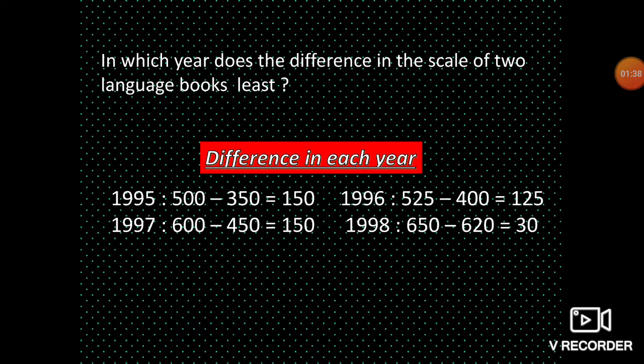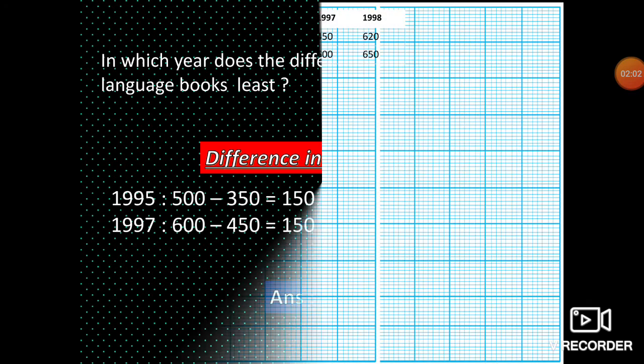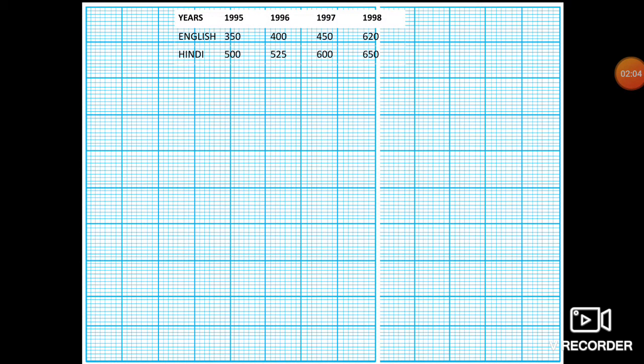English and Hindi books. 1995, 500 minus 350, that is 150 books. 1996, 125 books. 1997, 150 books. 1998, 30 books. Then in which year is the difference minimum, least? That is clearly 1998.